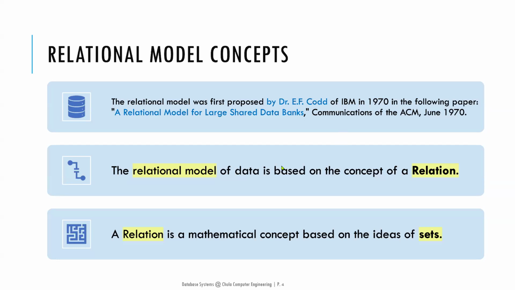The concept that Professor Codd offered there is called the relational model, of course. And behind the scenes, the relation is the concept that he used. So he looked at the relational model as data that is based on the concept of relation. But where does relation come from? Basically, the relation concept is actually the idea of sets. All right.